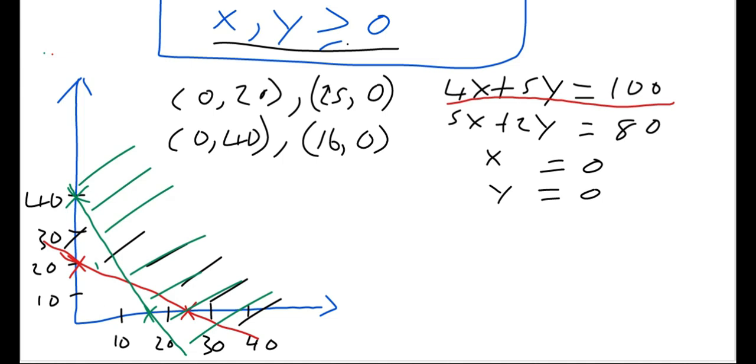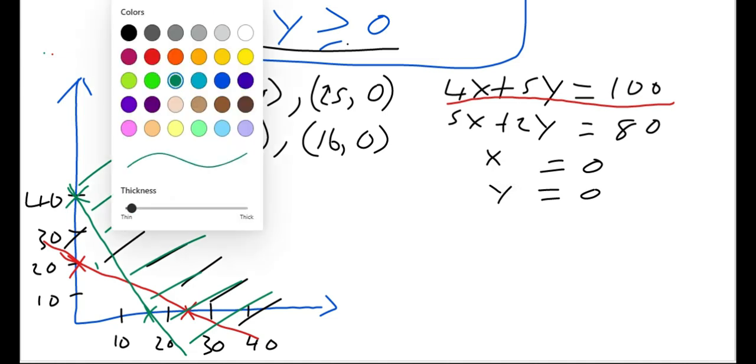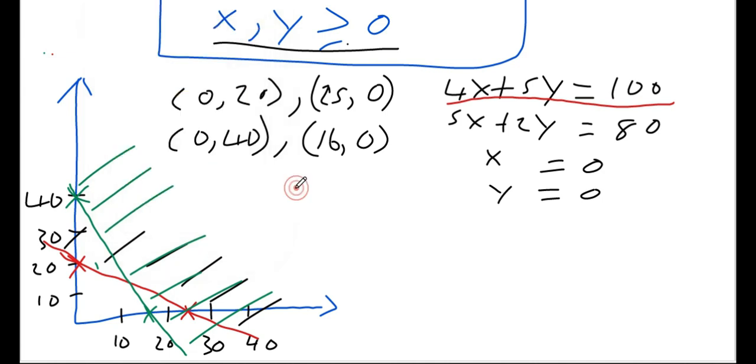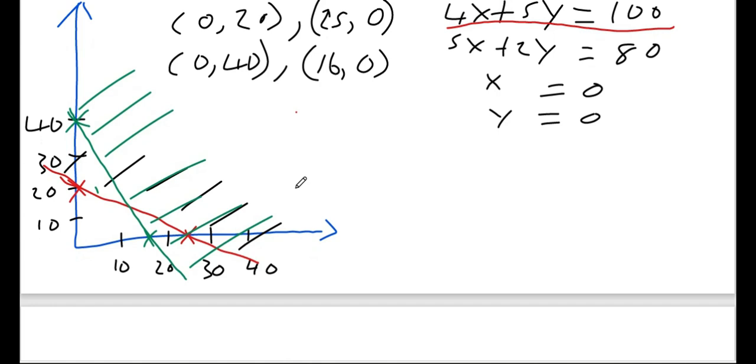Then we have drawn our two lines now. So for the line x is equals to 0, which is the line x is equals to 0? The line x is equals to 0 is our y-axis. So I'm going to draw that line like this.